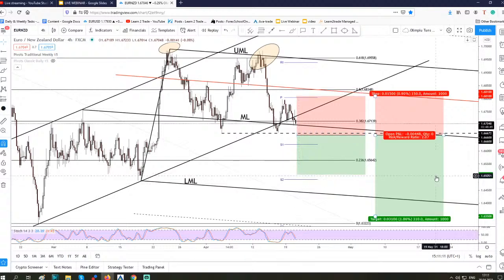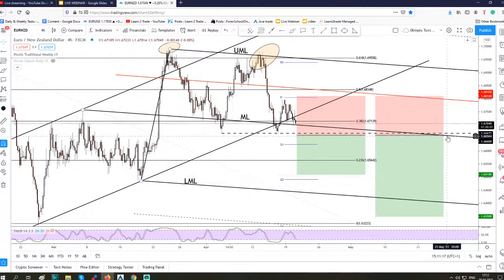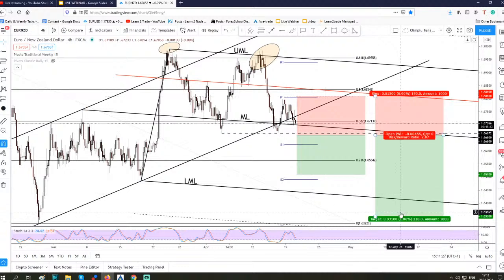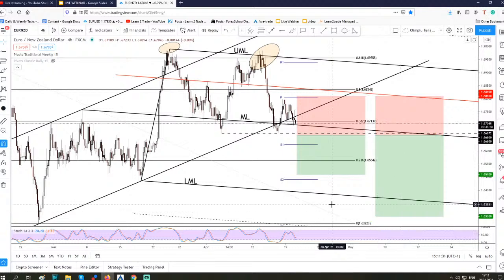And here we have the same setup, the same entry, 1.6660, the same stop loss, 1.6810, and we have another downside target, a second target at 1.6350.